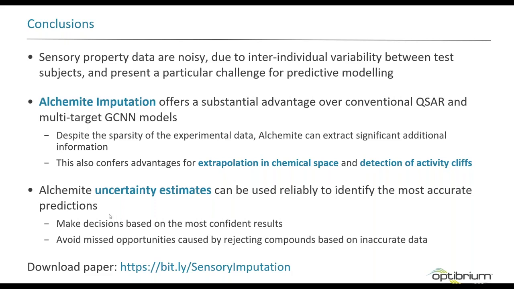So I think this study of predicting sensory data from the perception by human panelists demonstrates that the approaches could also be applied to predicting some of the very subjective human trial data in clinical trials using earlier experimental endpoints, and thereby prioritizing some of those very expensive clinical trial resources.